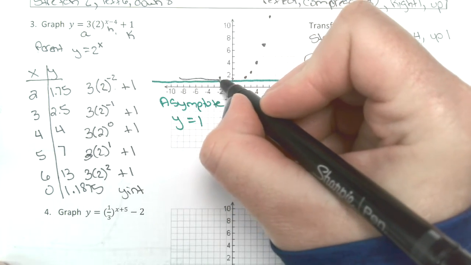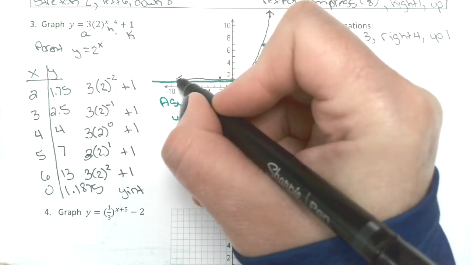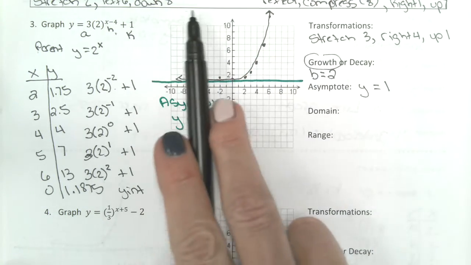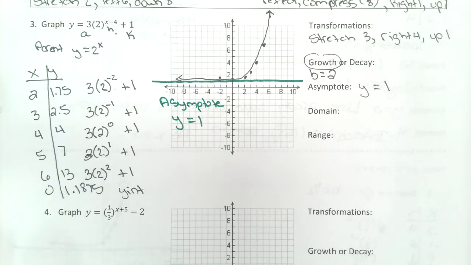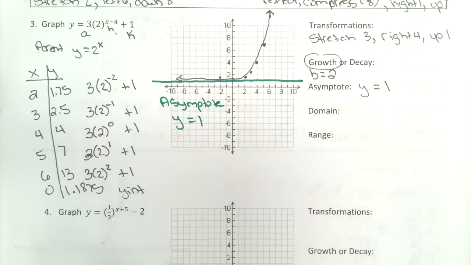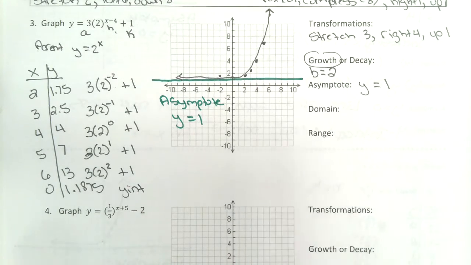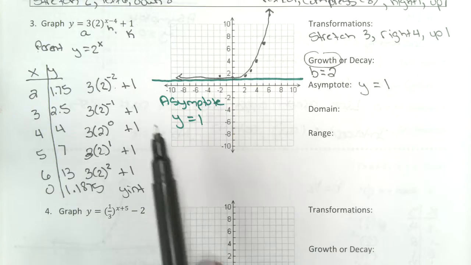So your graph kind of rides along this asymptote line, and then it starts growing really, really fast. If we did an application problem, this would be like the graph of population over the course of time, because population is something that grows exponentially over time.